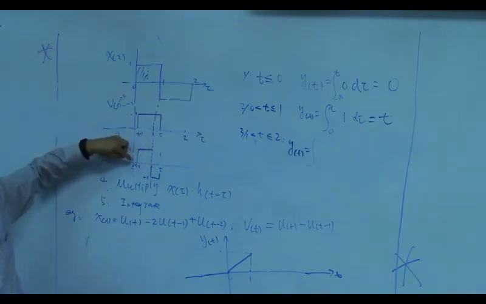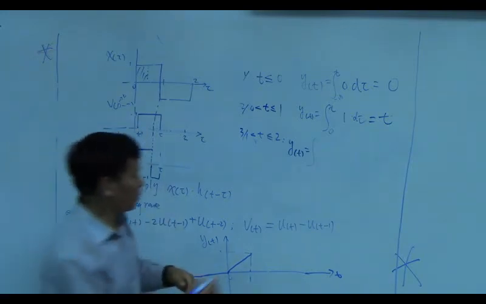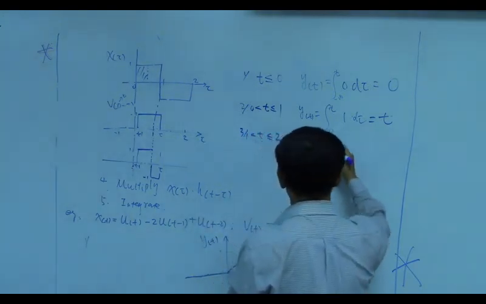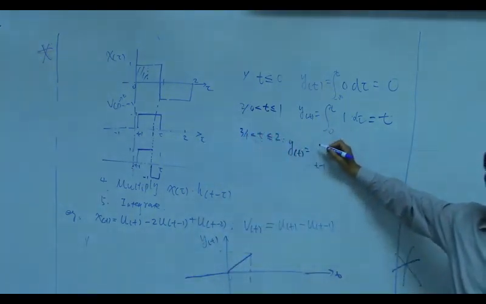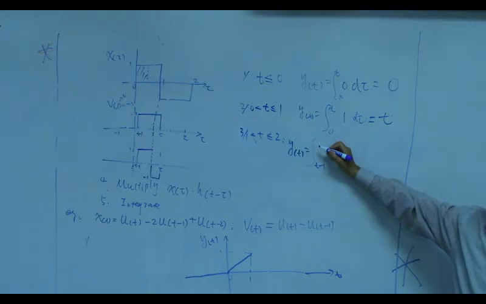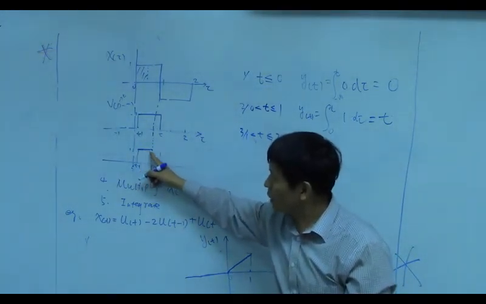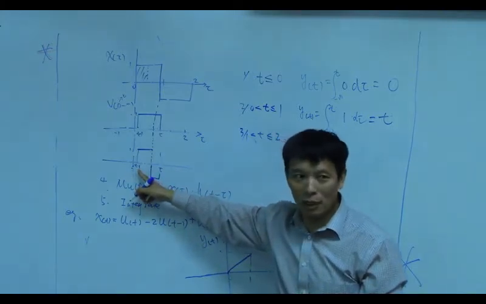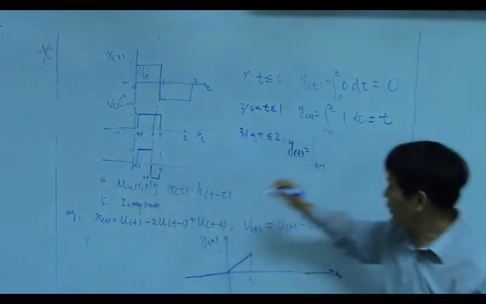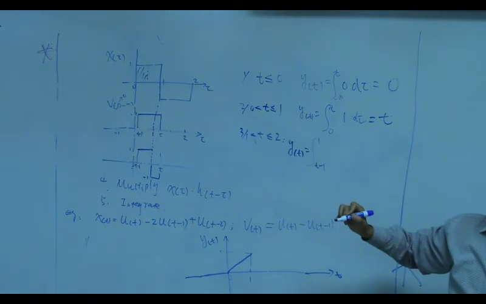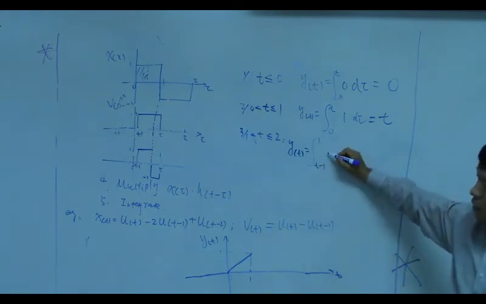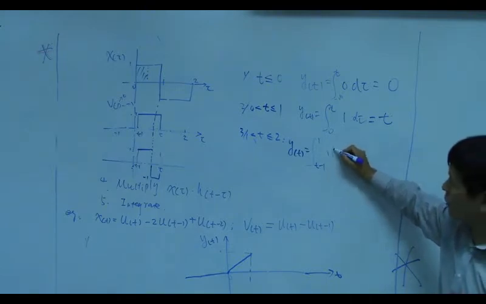The lower bound is t minus 1. From t minus 1 to where? To 1, right? And the function is 1. Okay, and that's the top.